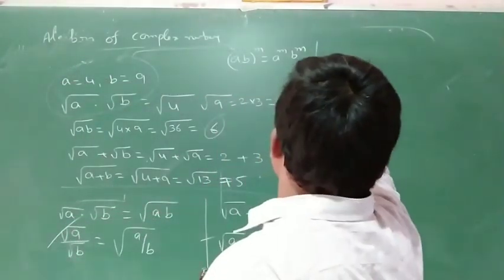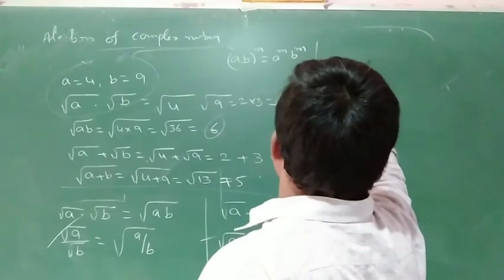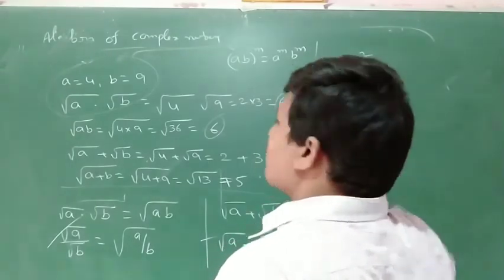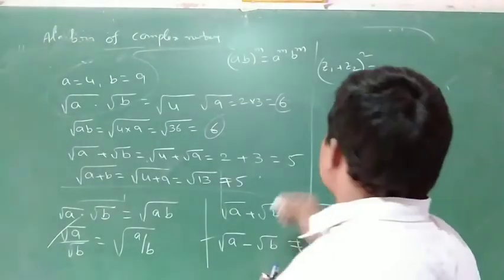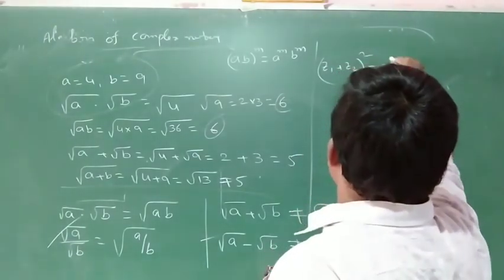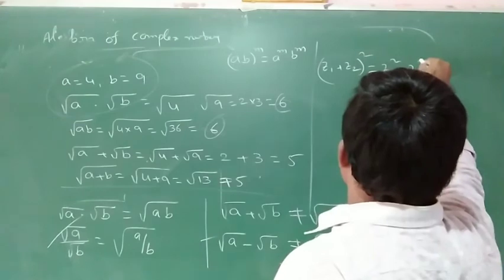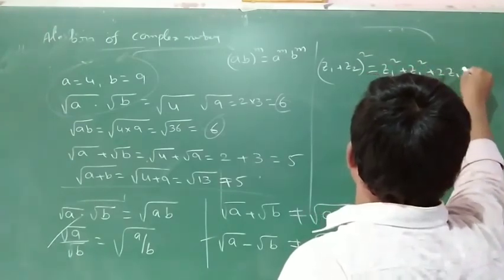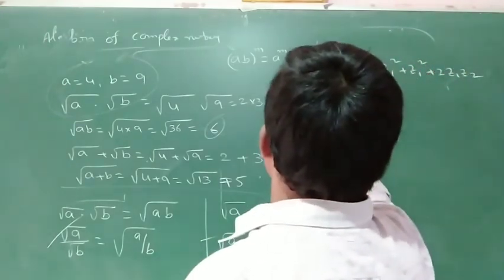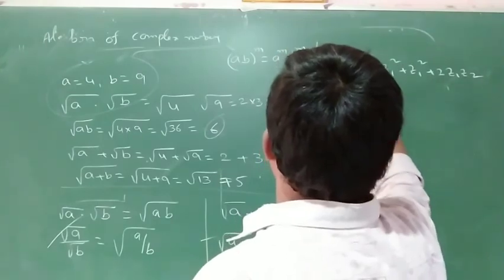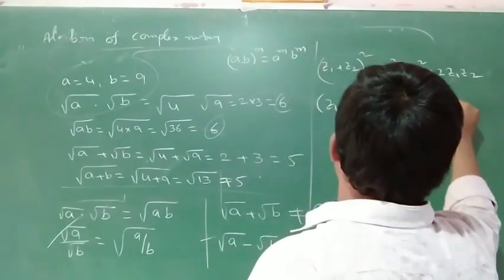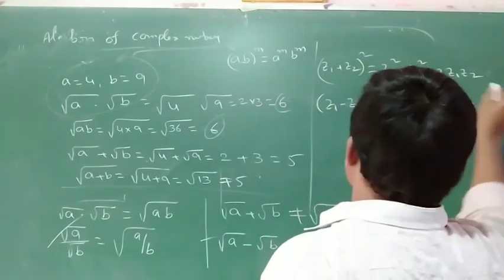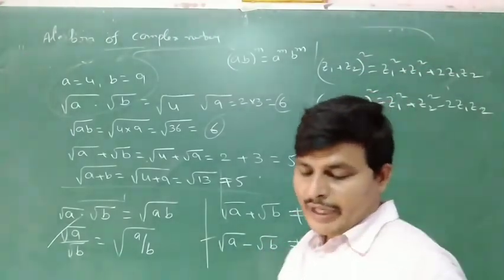complex numbers. (Z1 plus Z2) whole square. Actually, (a plus b) whole square is equal to a square plus b square plus 2ab. So (Z1 plus Z2) whole square is equal to Z1 square plus Z2 square plus 2 into Z1 into Z2. (Z1 minus Z2) whole square is equal to Z1 square plus Z2 square minus 2 Z1 Z2.